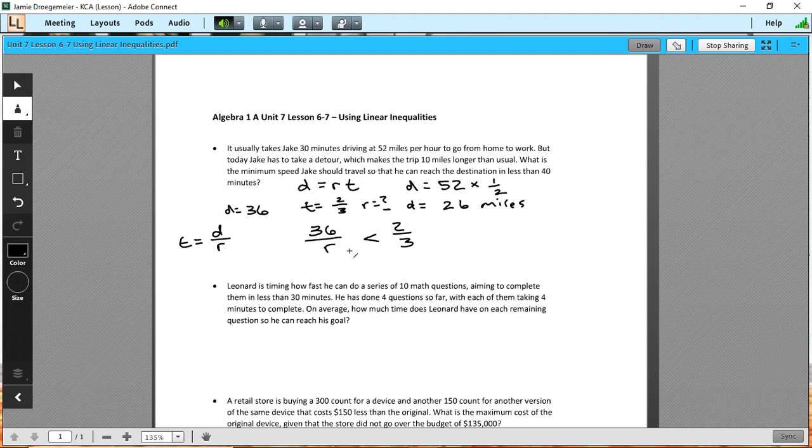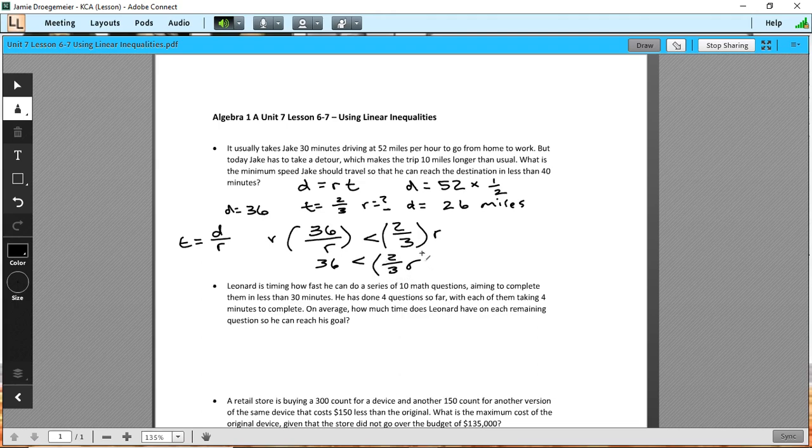We're trying to find that rate. So if we're solving this for r, I need to multiply each side by r to get it out of that denominator. So I get 36 is less than 2/3 r. And then to solve for r, I'm going to have to divide each side by 2/3.